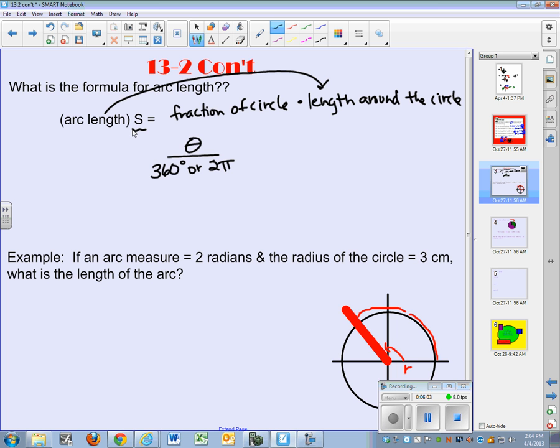And we're going to multiply it by the length around a circle, which is called the circumference. And you guys know this by now, that the formula for circumference is 2 times pi times r.